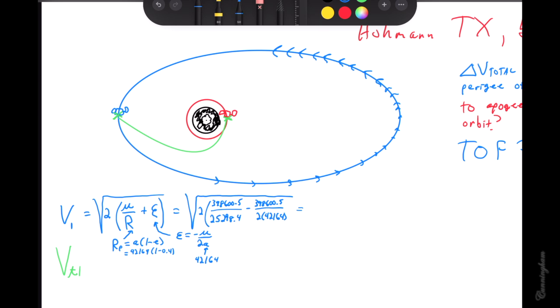Times 2, square root of that. Okay, so before all this kicks off, I get that we're going about 4.697 kilometers per second. Okay, sweet.